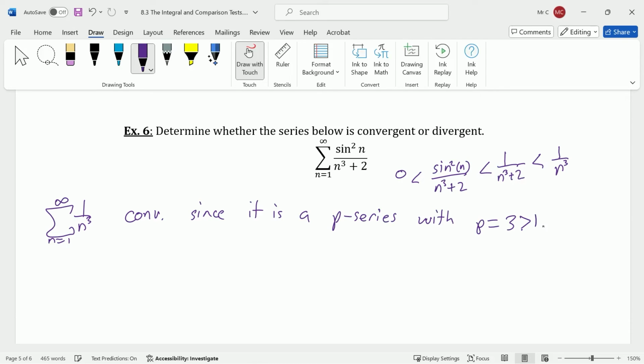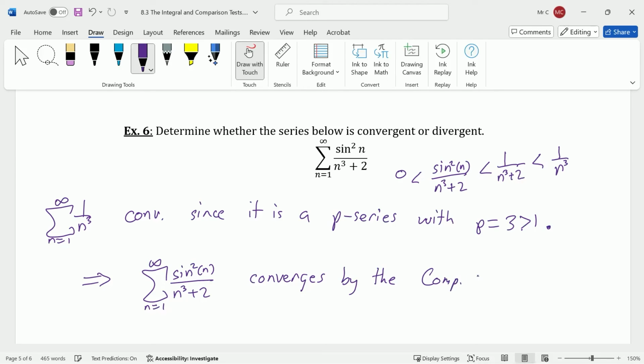And of course 3 is greater than 1. That implies that the sum from n equals 1 to infinity of sine squared of n over n cubed plus 2 converges by the comparison test.